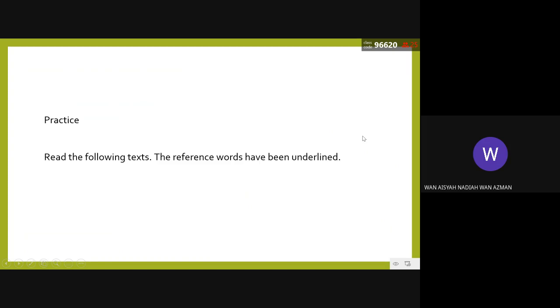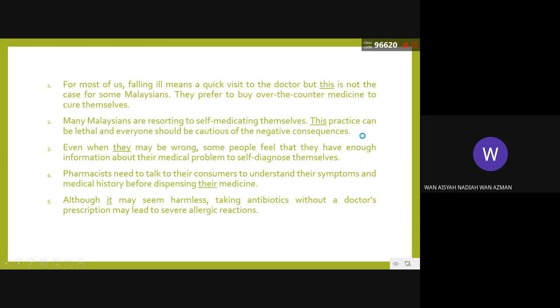Okay, so now a quick practice for you. I want you to read the following text. The reference words have been underlined. You have to tell me the words that they refer to.